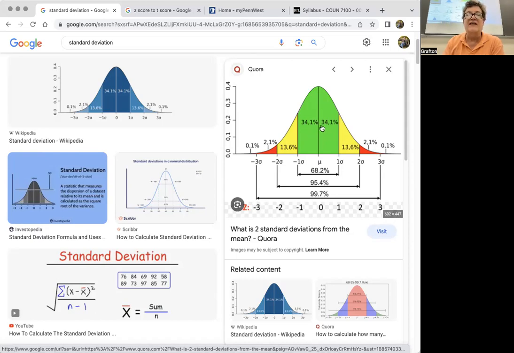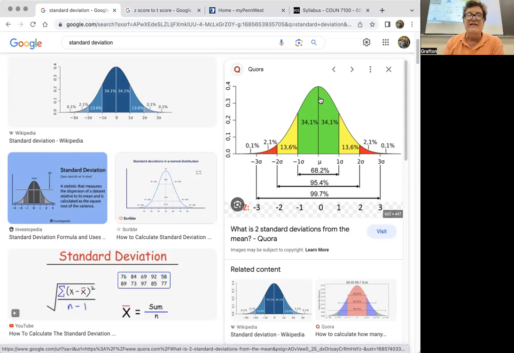So you've got 68.2% of all people, 68.2, fall within 1 standard deviation of the norm of 100. So if you look, this is also called a bell curve. It kind of looks like a bell that you would ring.